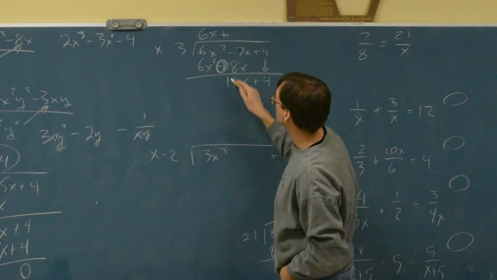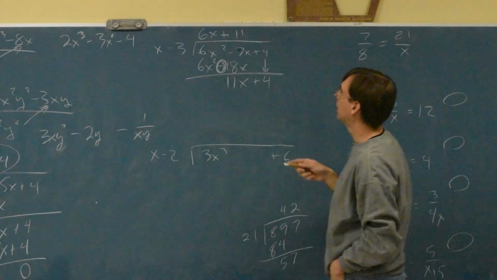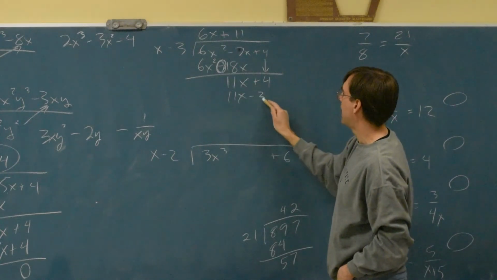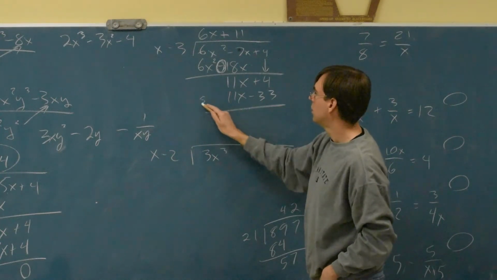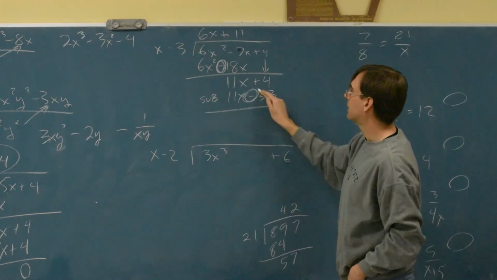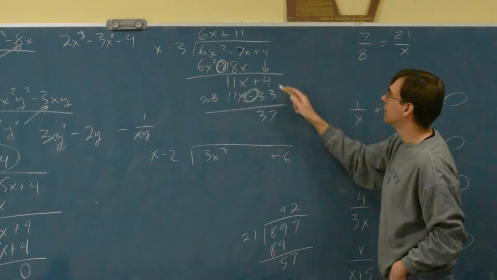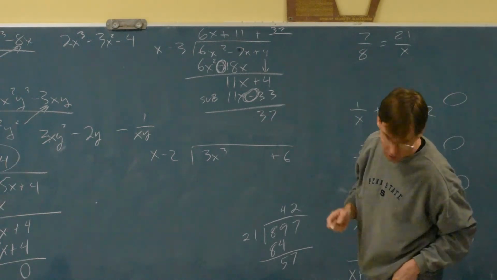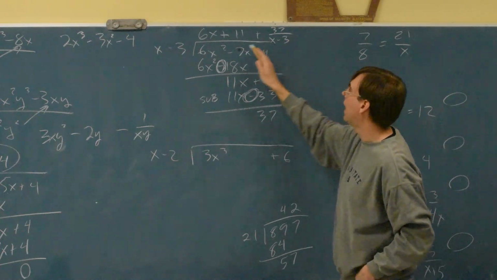Divide these, it's positive because they're the same type, 11. 11 multiplies everything, 11x minus 33. When we go to subtract, that becomes a plus to get 37. With the remainder, we throw the 37 on top of the original x minus 3.